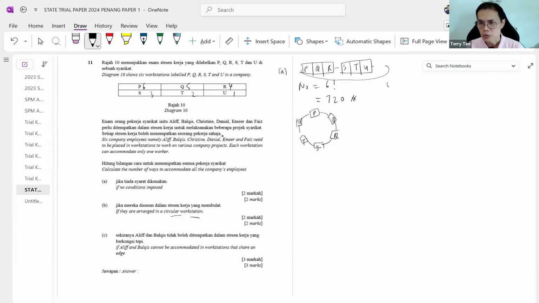But let's say I start with U, followed by P, Q, R, S, T. U will sit here, P here, Q here, R here, S here, T here. Now P has the same person, U, on the right and Q on the left, just like the first case. So they are considered the same arrangement, and you don't want to double count them.